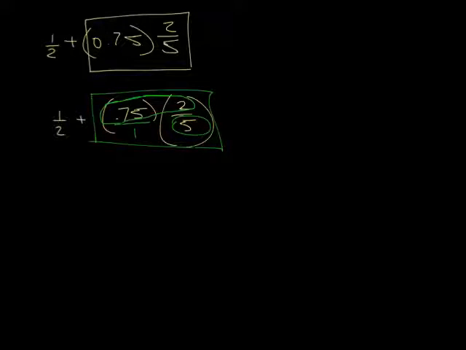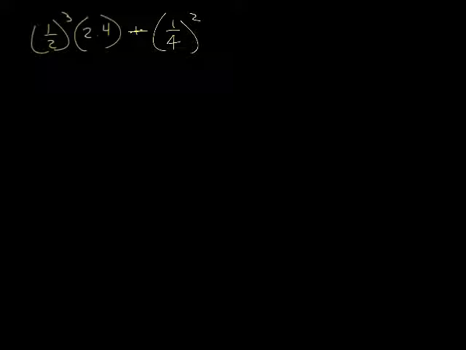When you jump up to ones like example 9, it gets a little bit hairy here. They have 1/2 cubed times 2.4 plus 1/4 squared times 3.2. It may look a little complicated, but it's really not.